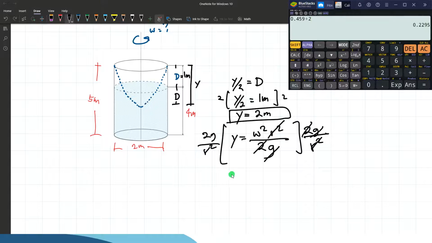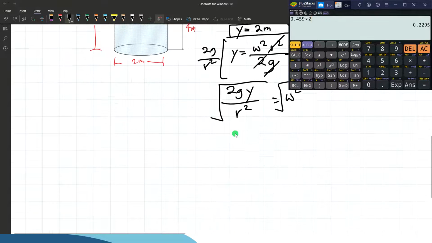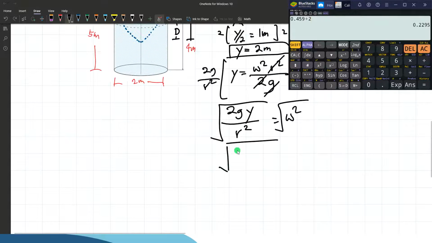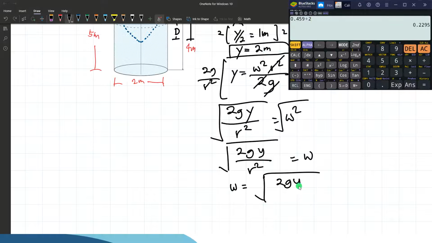So we have 2gy over R squared equals W squared. Take the square root of both sides. So we have W equals the square root of 2gy over R squared.